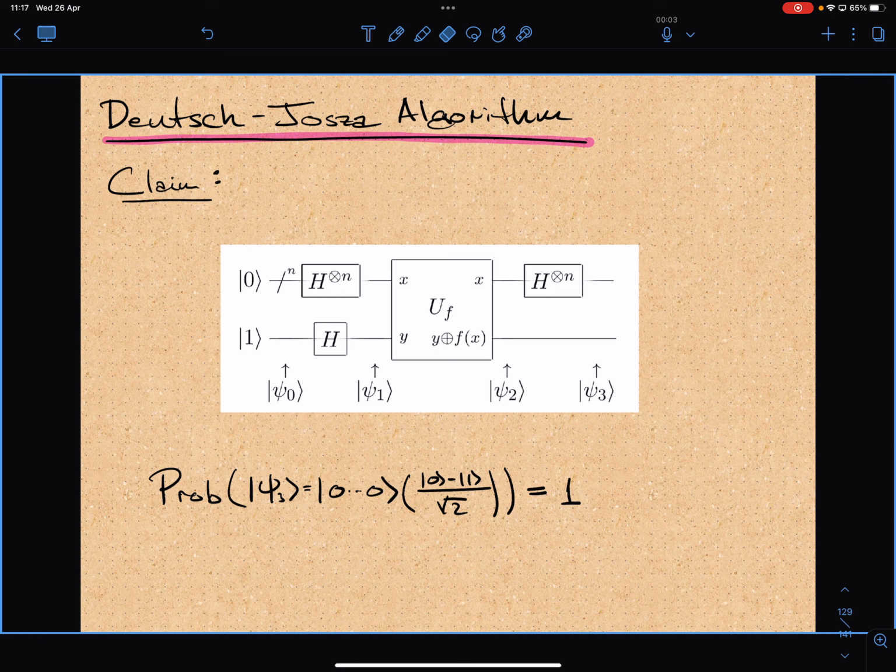Let's move on to the claim for the Deutsch-Jozsa algorithm. The claim is that this quantum circuit is going to spit out the answer.